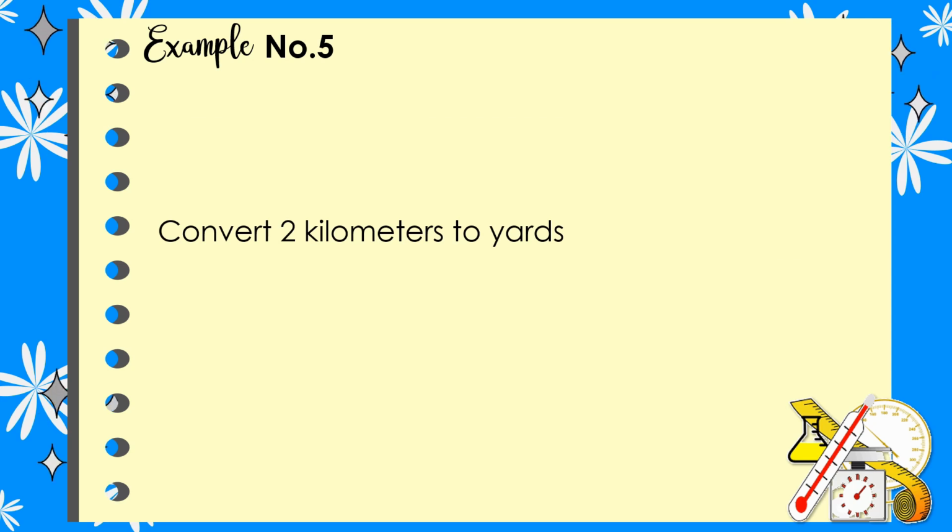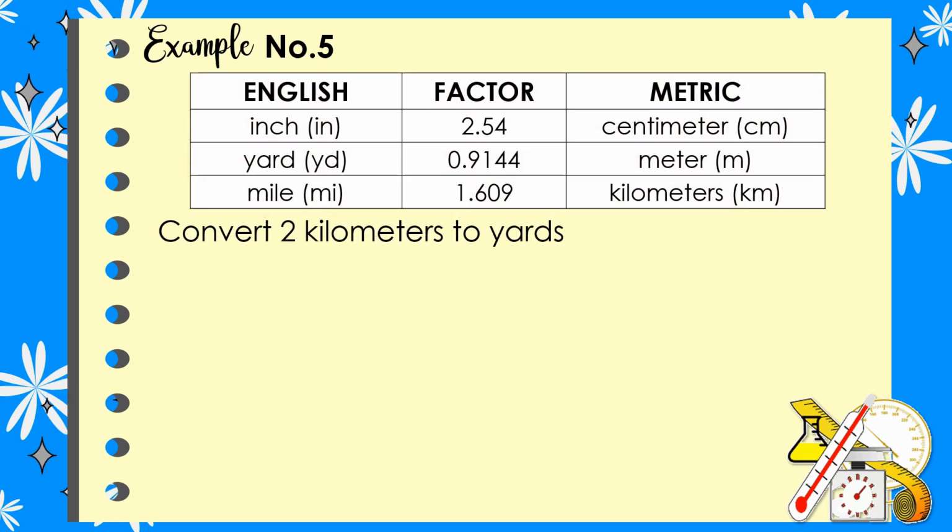Down to our last example, let us convert 2 kilometers to yards. So, wala namang diretso, kaya gagamit tayo ng dalawang converting factor. Yung mile to kilometer or kilometer to mile plus mile to yards. So, gawin na natin. 2 kilometers times the first converting factor, dapat magkamukha yung unit ng given tsaka yung nasa ilalim.